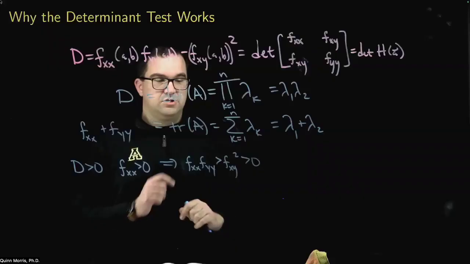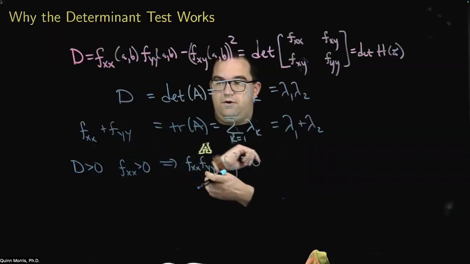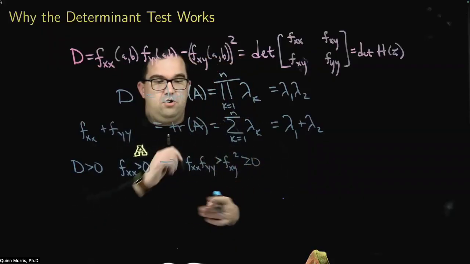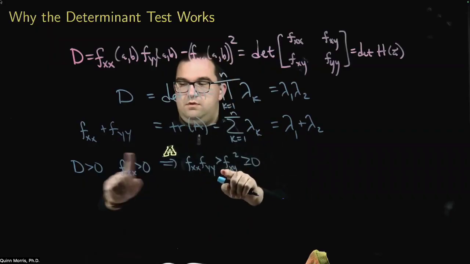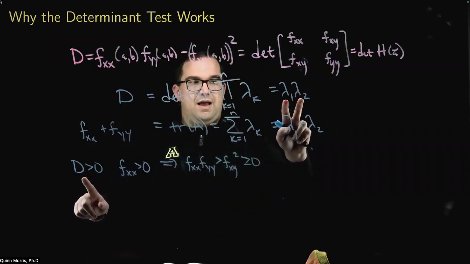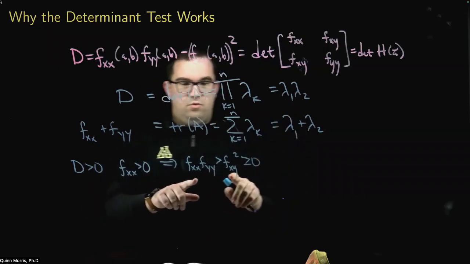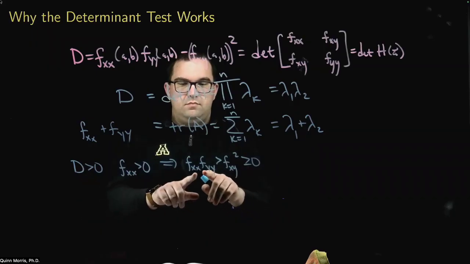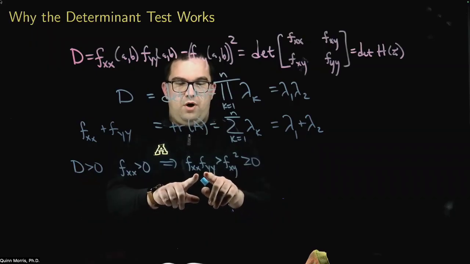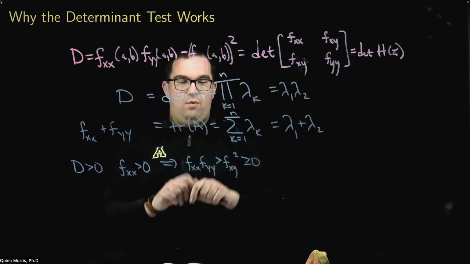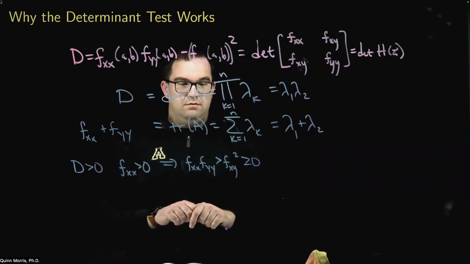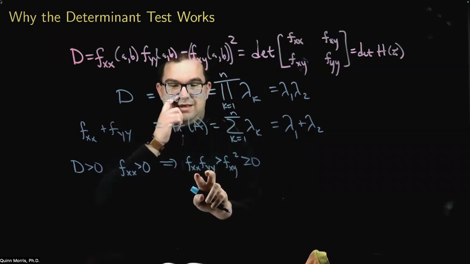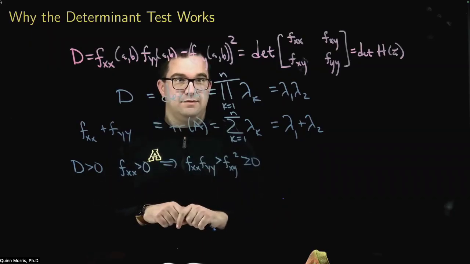And that's something squared, so it must be greater than or equal to 0. So if I know this is positive, that tells me my eigenvalues have the same sign. Now I want to know if they're positive or negative. Well, since this is positive, I know that the product of f_xx and f_yy must be positive. So that tells me f_xx and f_yy have the same sign.